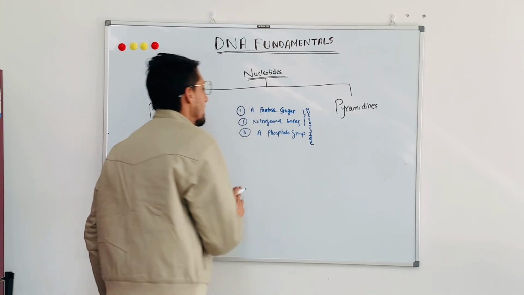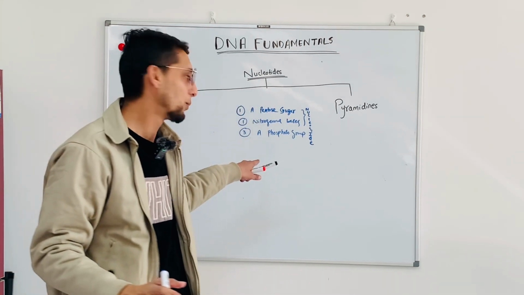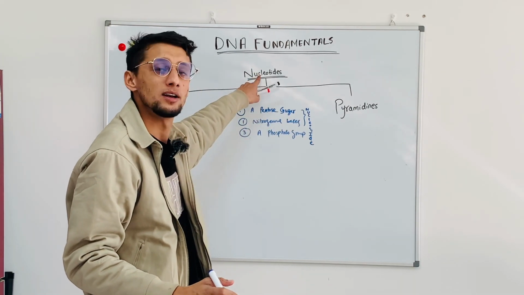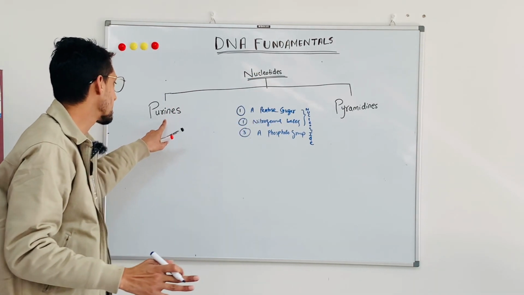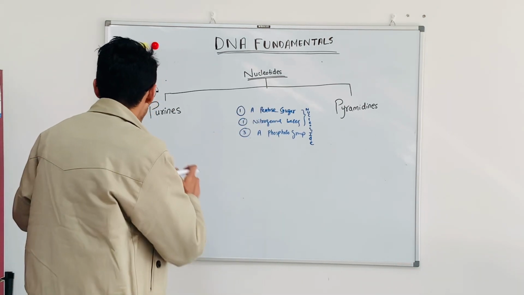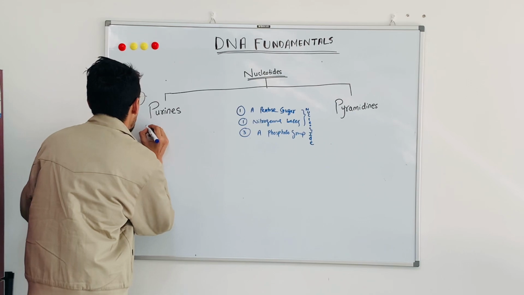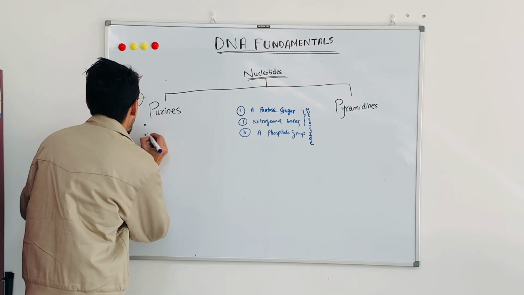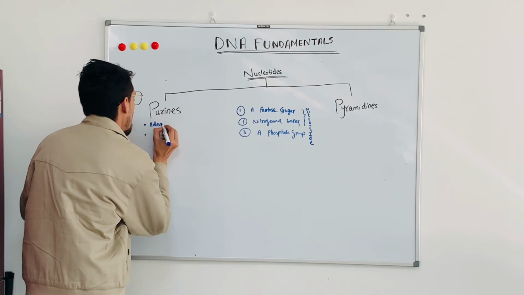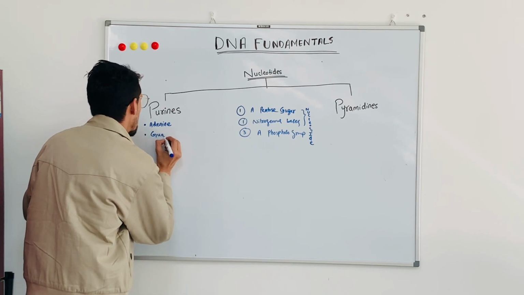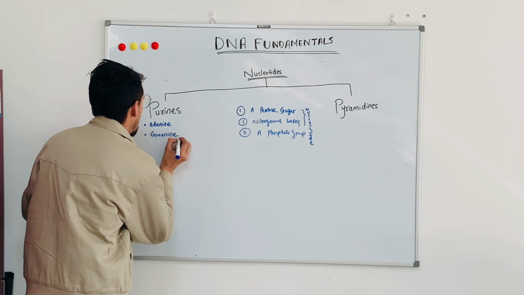Right? So you can say a phosphate group attached to the nucleoside becomes what? Nucleotide. So there are two types, purines and pyrimidines. What are purines? There are two types of purine, adenine and guanine, right?